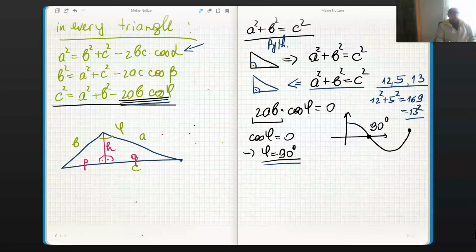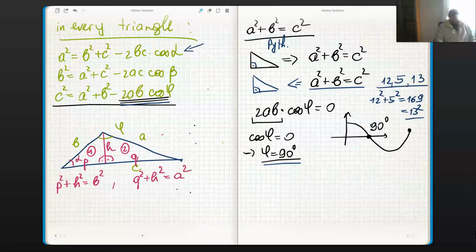And let's see how it works. We also have alpha, the opposite of a. Okay, so we have two triangles. This is the first one, right-angled, and this is the second one, right-angled as well. Since the first one is right-angled, we have p squared plus h squared equals b squared. And in the second one, we have q squared plus h squared equals a squared.